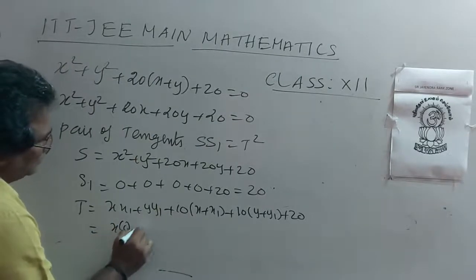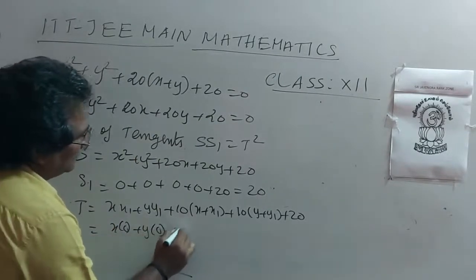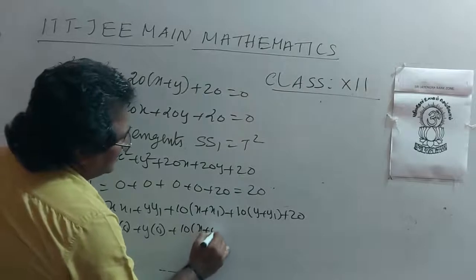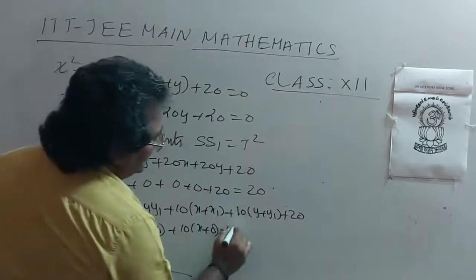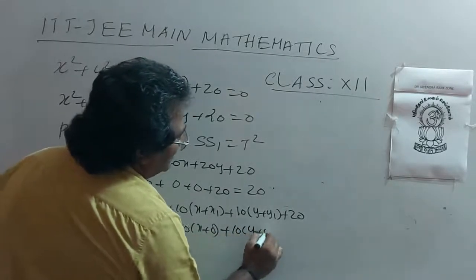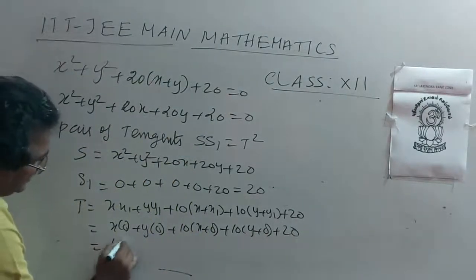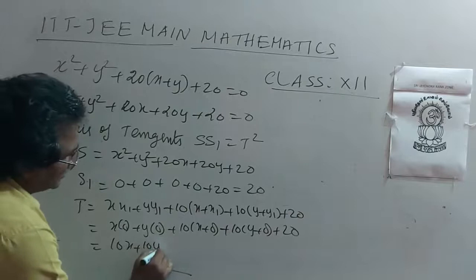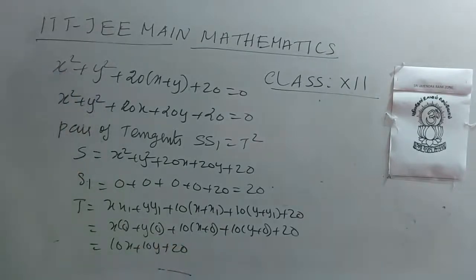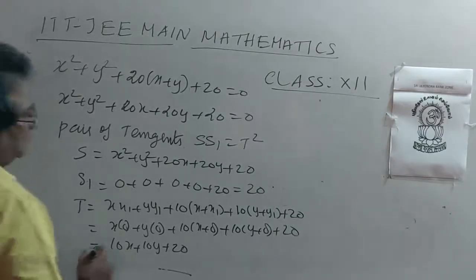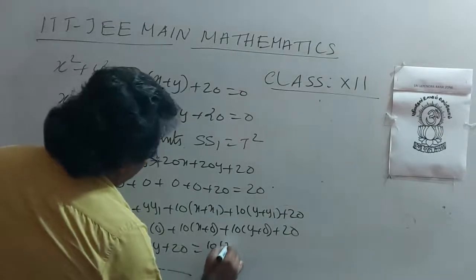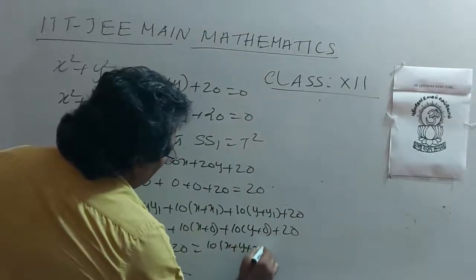So 0 plus 10 into (x plus 0) plus 10 into (y plus 0) plus 20, that is 10x plus 10y plus 20, that is 10 into (x plus y plus 2).